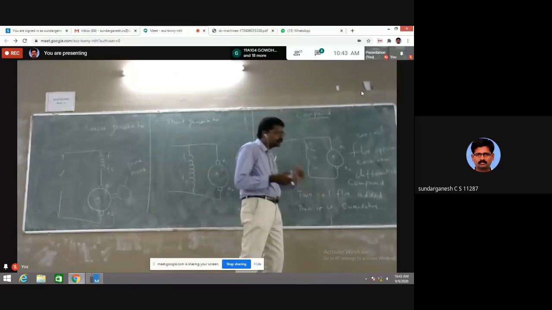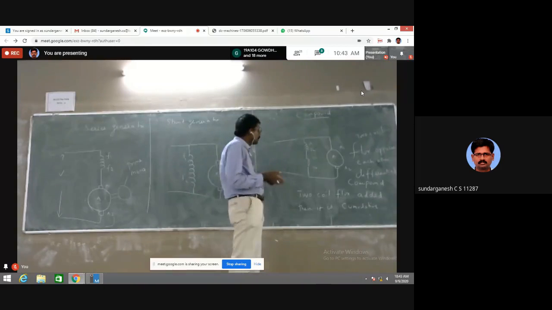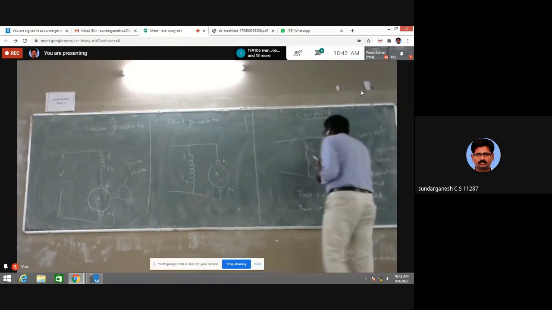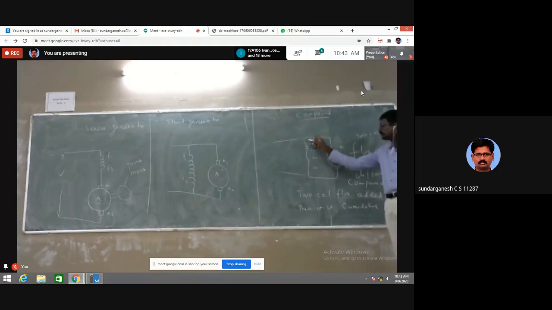If the two coil fluxes are added together, it is called a cumulative compound generator. If the two field coils are connected with the armature in parallel, like this, it is called long shunt. If it is connected here, it is called short shunt.